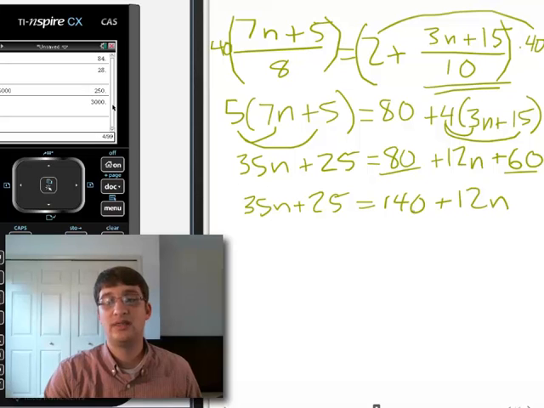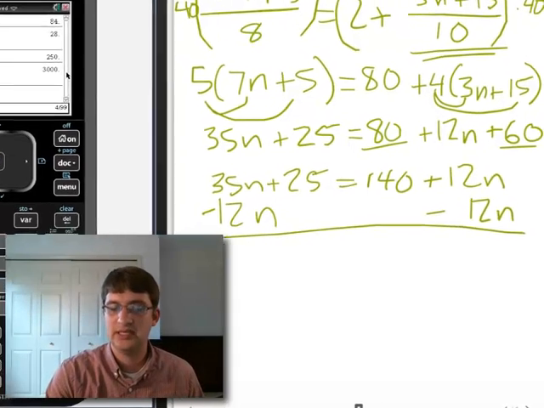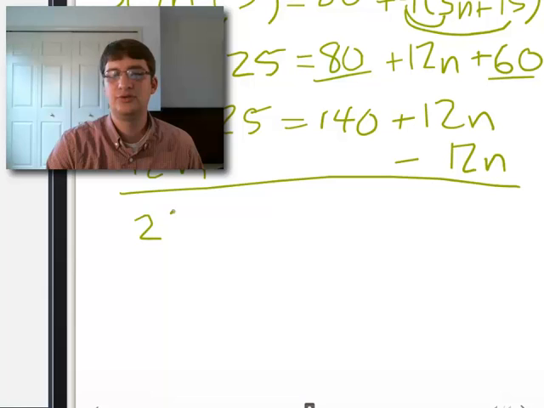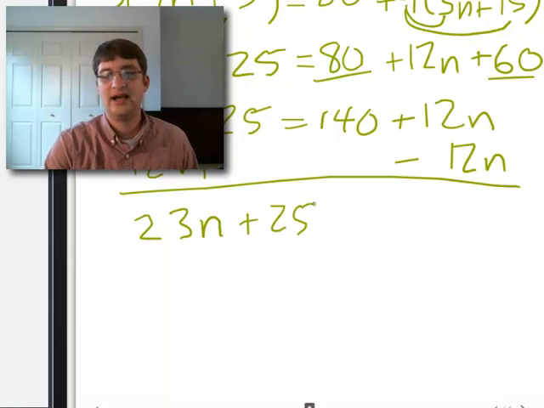I'm going to start with the variables. Okay, so subtract 12n and then subtract 12n from this side, okay? And notice I always put it underneath the other variable because it just makes my subtraction problem a little bit easier. So I got here 2 and then 3, so that's 23n plus 25 equals 140.